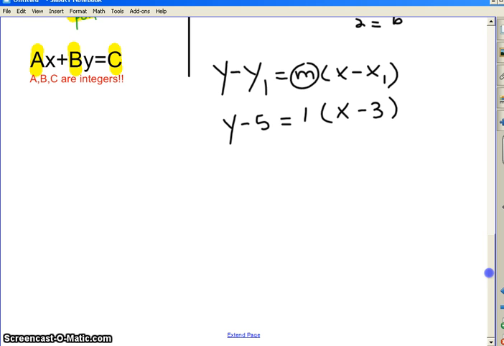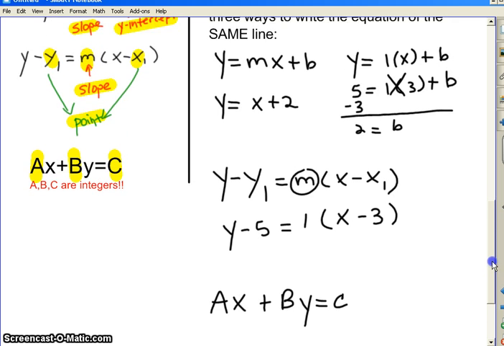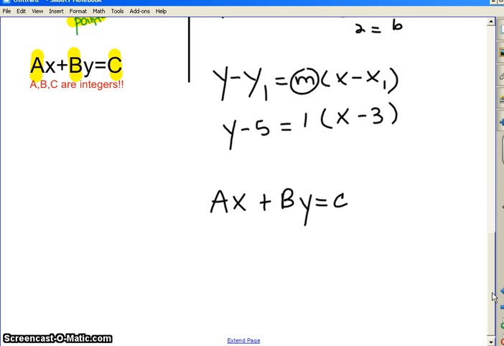The last form is the standard form, ax plus by equals c. I'm going to use y equals x plus 2 to get started. If I put x and y on the same side of the equation together, it will be in standard form.